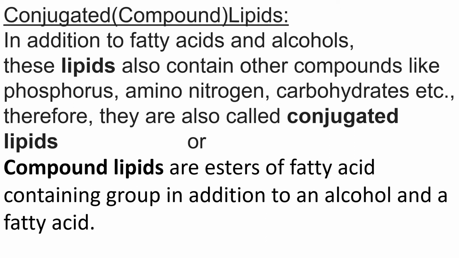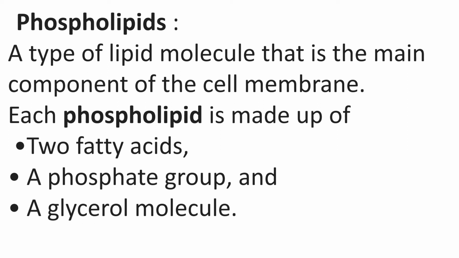Or we can define compound lipids as esters of fatty acid containing a group in addition to an alcohol and a fatty acid. The first class of these conjugated lipids is phospholipids.